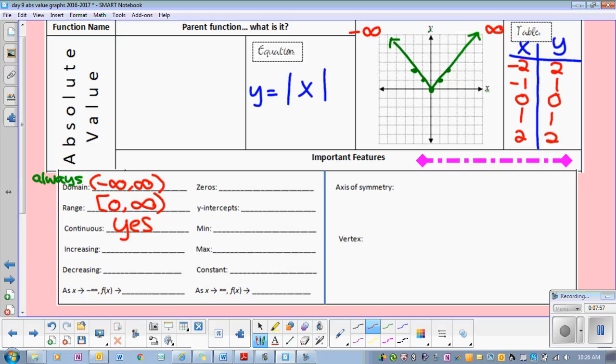Let's look at zeros. What do I mean when I say zeros? Remember? It's some kind of intercept. We're talking about the x-intercepts. Make a note for yourself if you do not remember that. Zeros mean the x-intercept.